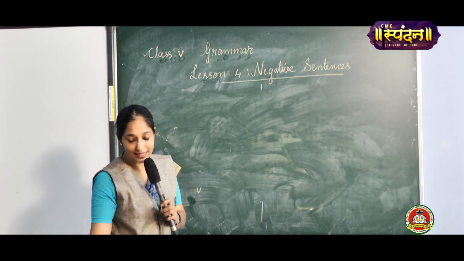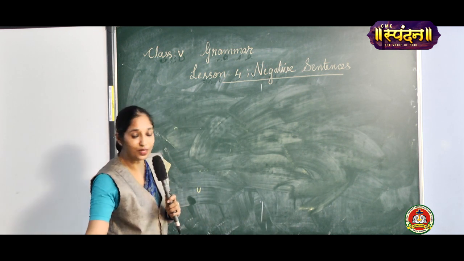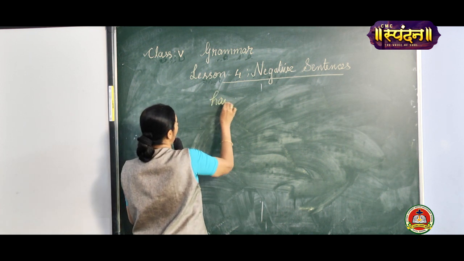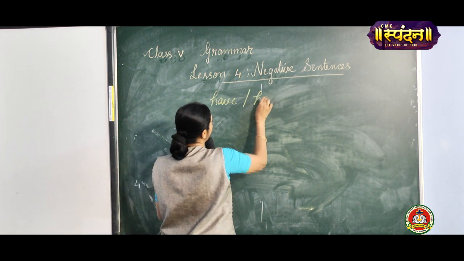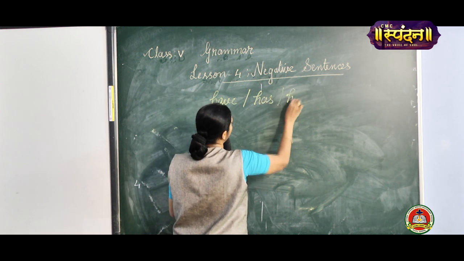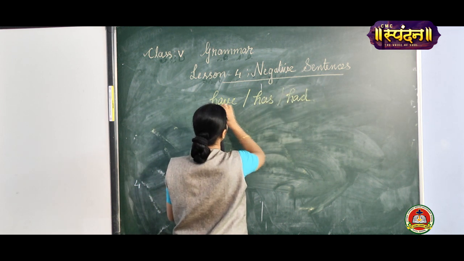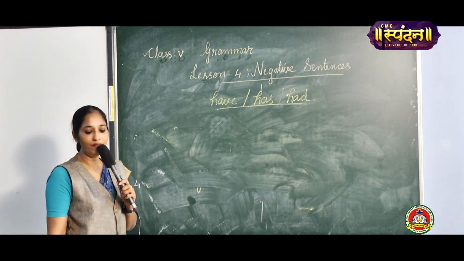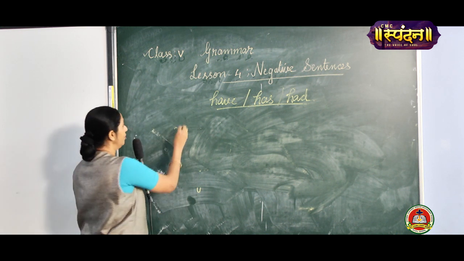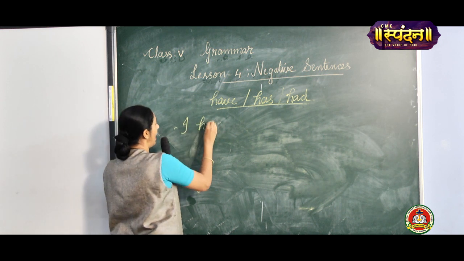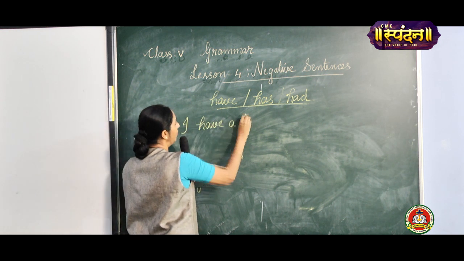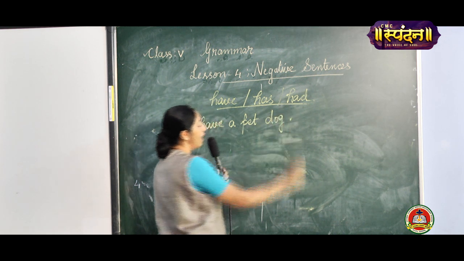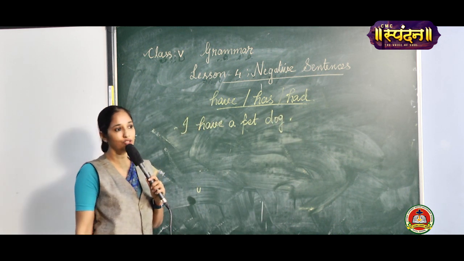Let's move to the next category, sentences with have, has and had. For example, I have a pet dog.